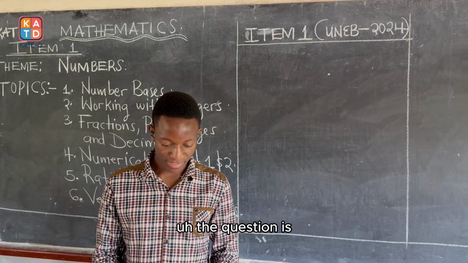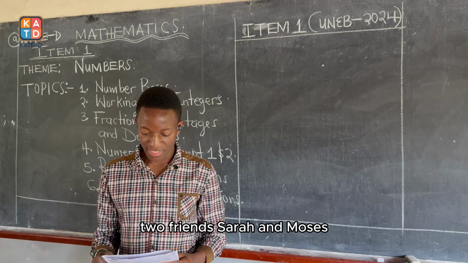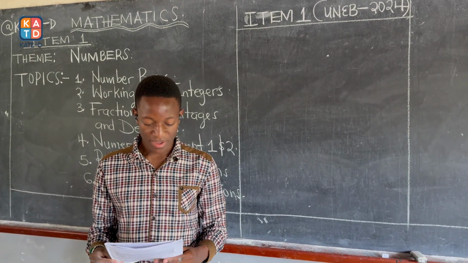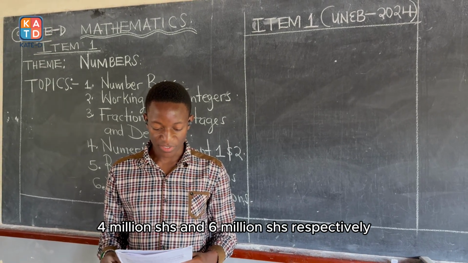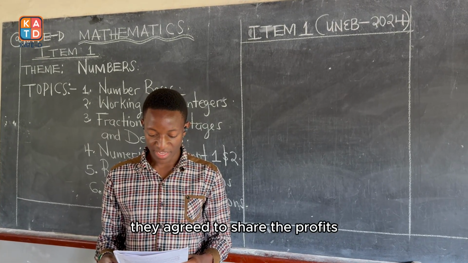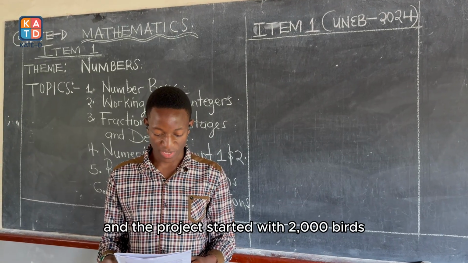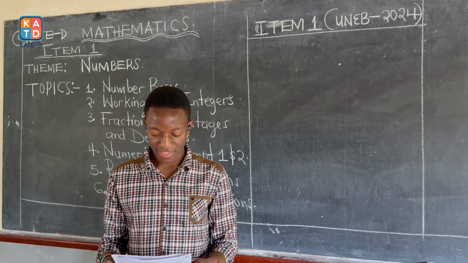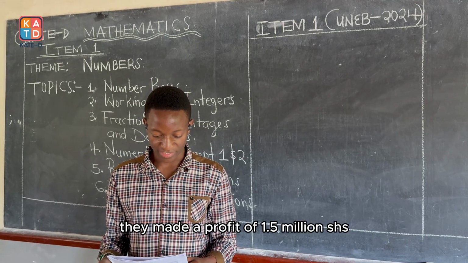The question is, 2 friends, Sarah and Moses, started a poultry project to which they contributed 4 million shillings and 6 million shillings respectively. They agreed to share the profits in the ratio of their contributions, and the project started with 2,000 birds. After selling all the birds, they made a profit of 1,500,000 shillings.